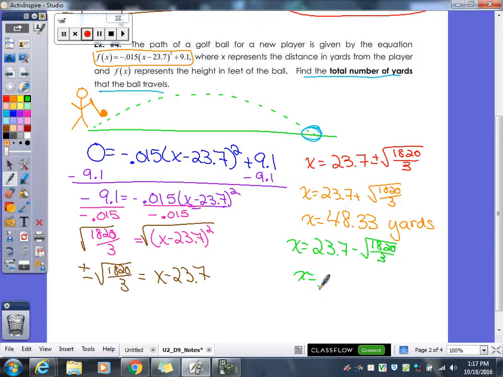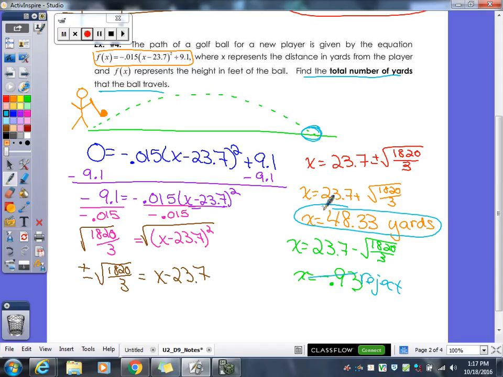I'll give you a second to type that in. Let's have you give me the answer. It is a negative, negative 0.93. So can we have a distance, though, of negative 0.93? No. So we got to reject that. So 48.33 yards.